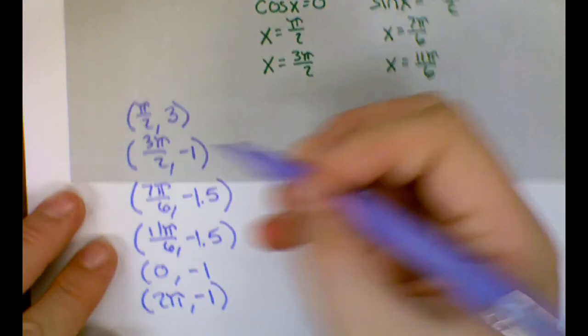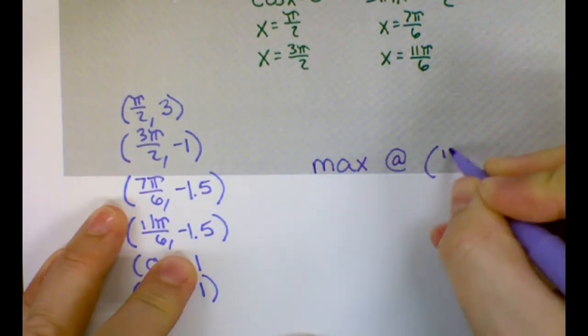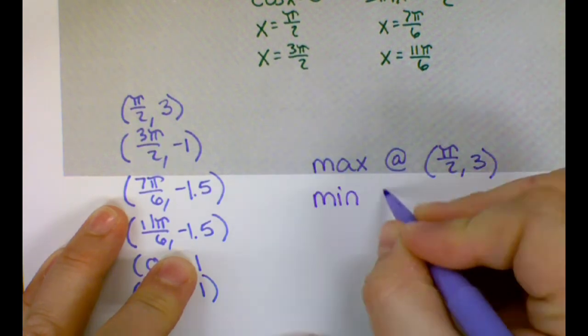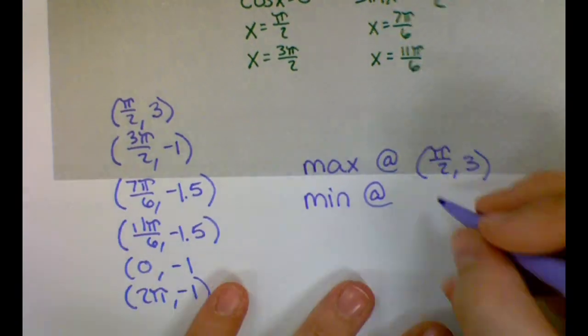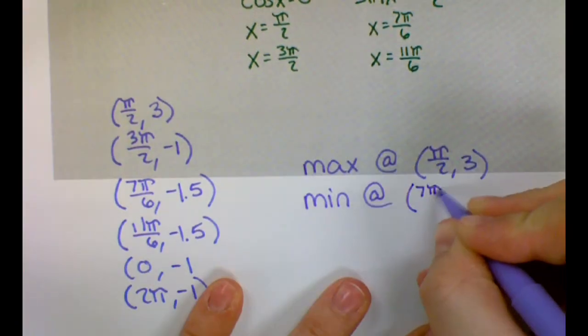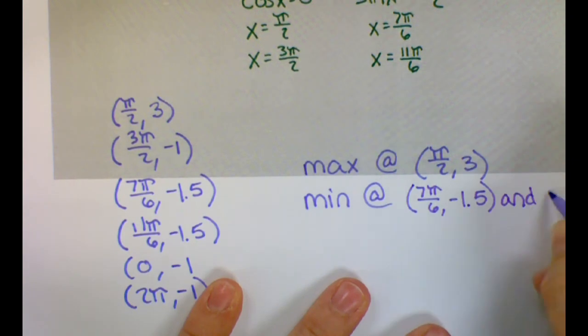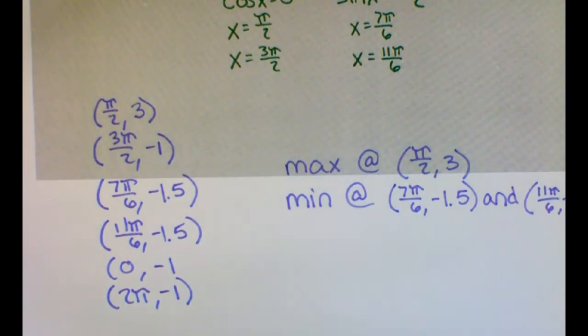That would be pi over 2, 3. The minimum is the smallest, and notice that we have 2. They're shared minimums. 7 pi over 6, negative 1.5, and 11 pi over 6, negative 1.5. Since they are the same y value, they're shared.